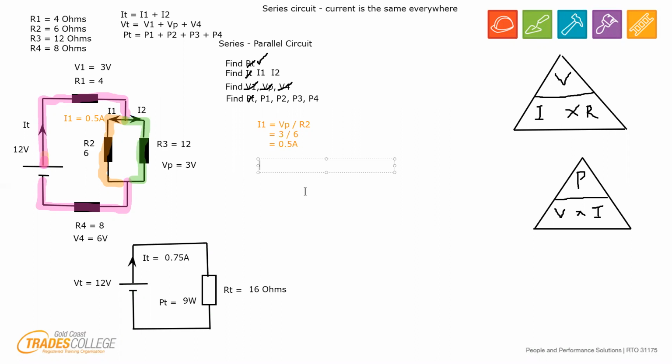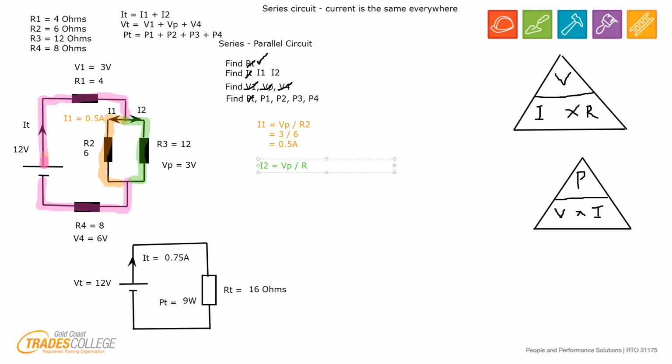So we're going to have now in green I2. Let's remember that it's V divided by R. I always remember that from the triangle. But which V? It's VP, because it's the parallel, remember they both got the same voltage. This time the R3 is 12.